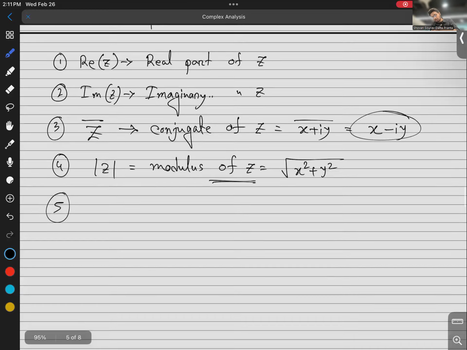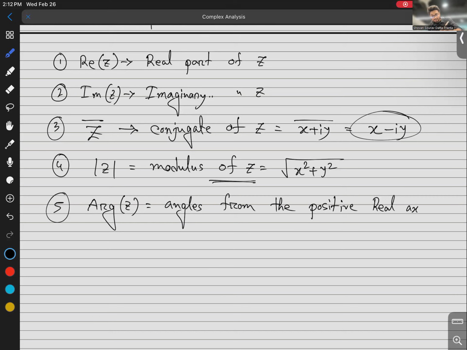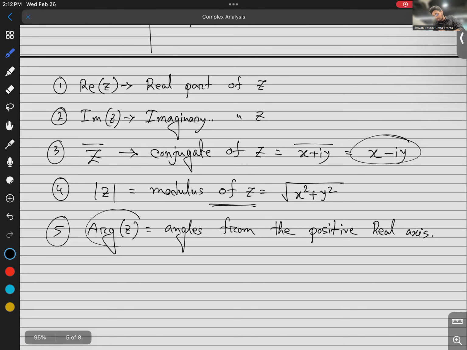So the argument of a complex number will be represented by arg of z, and this is basically the angle from the positive real axis. So obviously, we can find the argument, that is our theta, and the modulus, this is our r.